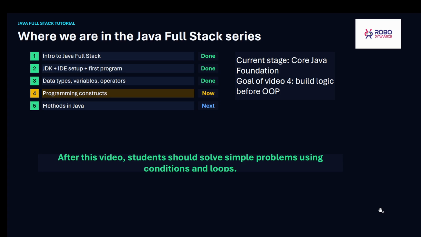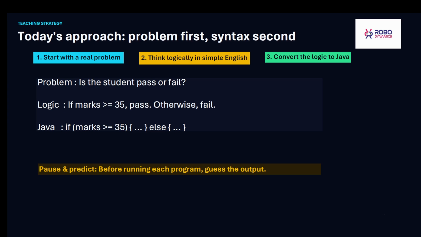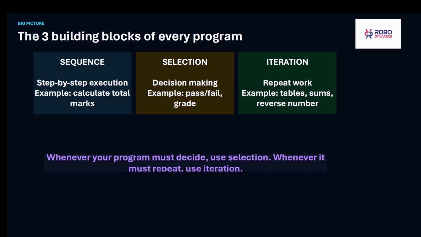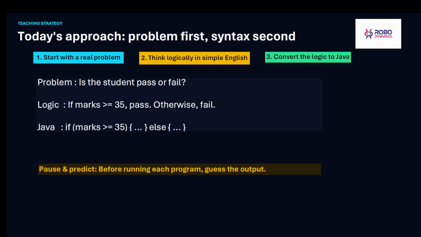Get set, go! In the last three videos we discussed Java full stack. We set up the JDK environment in Eclipse. We also spoke about data types, operators, variables, etc. In this video we are going to talk about programming constructs. Remember, this is going to be hands-on.